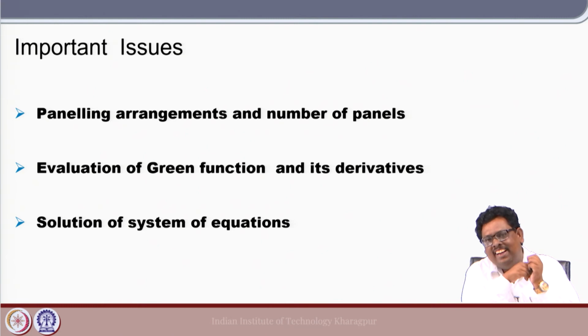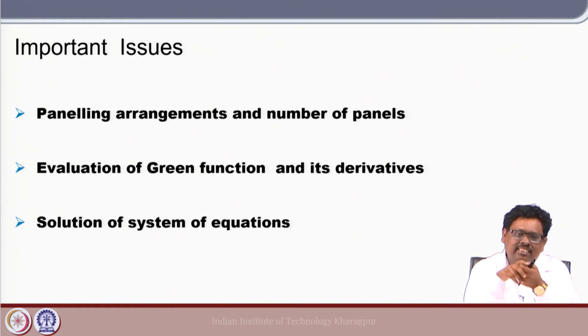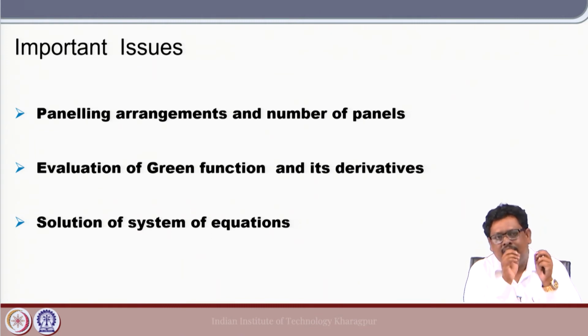Here, with this paneling arrangement, that is not always true for our panel method. You can think about why it is so; it is mainly because we have this singular function, 1 upon r. Now, if the panels are very small, even if you use the 3-point Gauss quadrature rule, normally we go for 1-point, 2-point, 3-point, maybe 4-point quadrature rule.